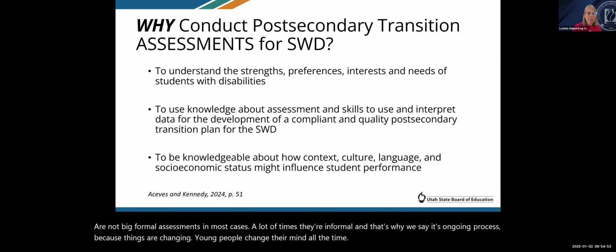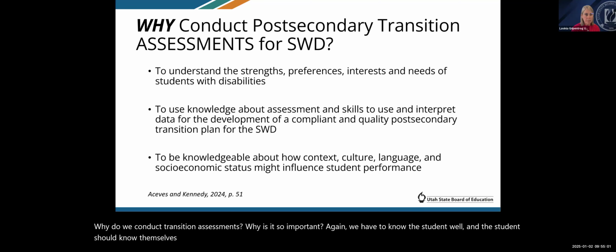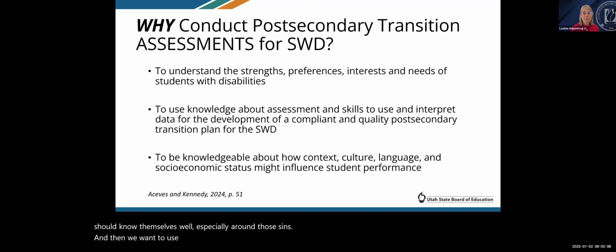Why do we conduct transition assessments? Why is it so important? Again, we have to know the student well, and the student should know themselves well, especially around those SPINS. And then we want to use the knowledge and skills from those assessments to interpret data to develop that compliant and quality transition plan.